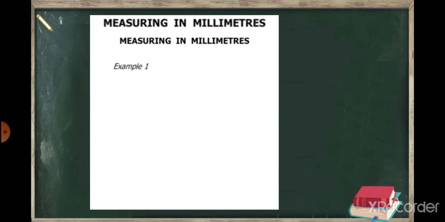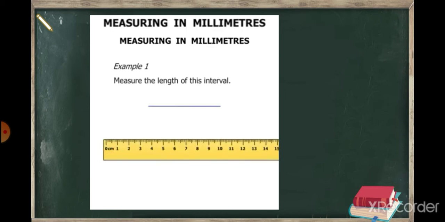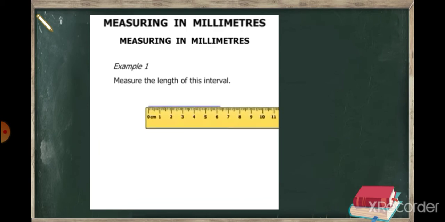Let's have an example. Measure the length of this interval. So, let's bring the ruler again. Now, if you look at the ruler, we can see that it's 0 centimeter, the starting point of the centimeter ruler. We need to measure in millimeters, so we have to convert centimeters into millimeters.